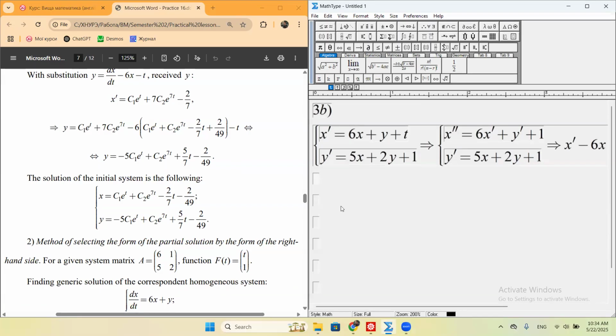Let us write down first of all the matrix of the equation and the column of free members. So the matrix of the equation has coefficients 6, 1, 5, 2. And the vector of free members, so the right hand side, is t and t plus 1.